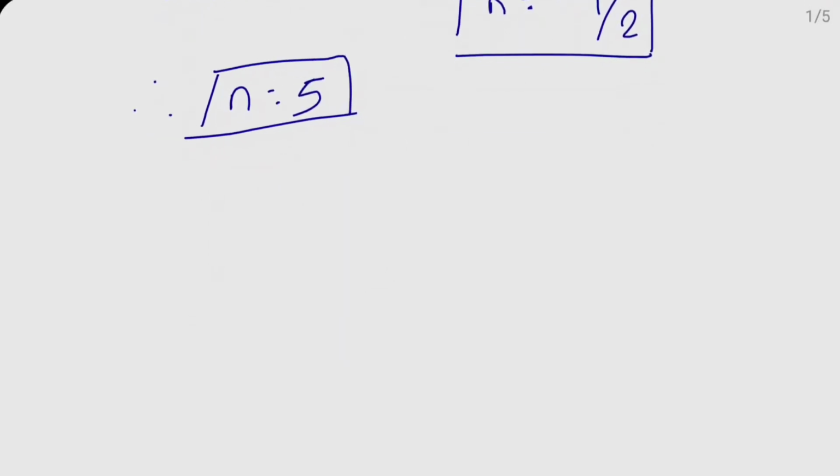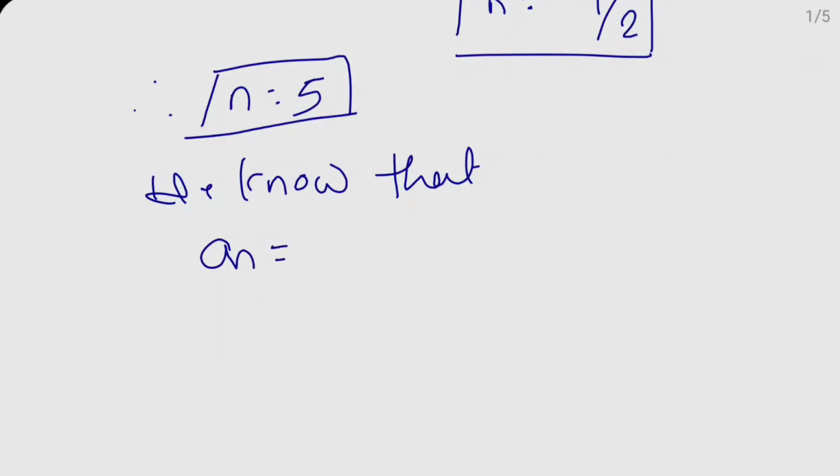Now find out an. So n is 5 means an becomes a5, right? We know that an equal to a plus n minus 1 into d. So here a5 because n is 5 here, right?